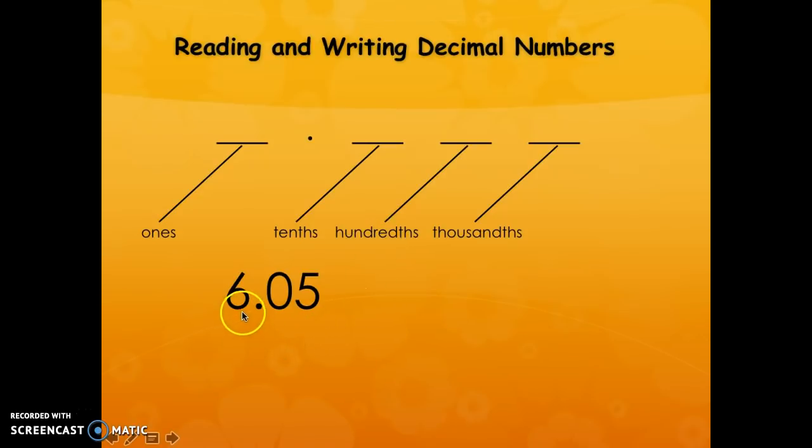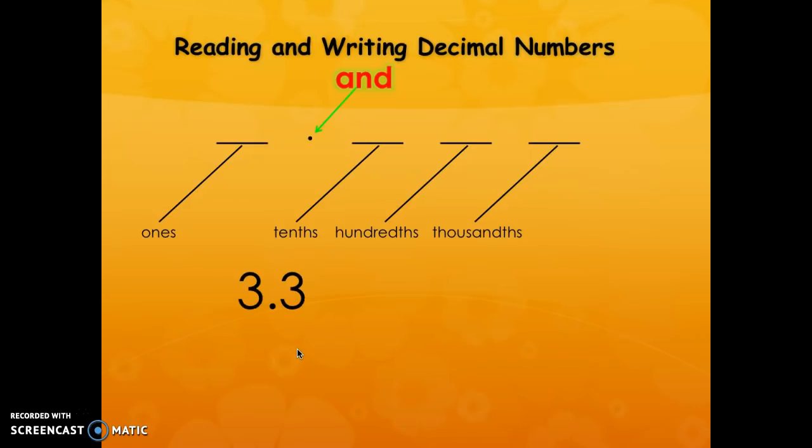So I would say this, 6 and 5 hundredths. Again, that decimal point is the place where you say and. You never use the word and in a number unless you're using it at the decimal point. It's very important. The decimal means and. Remember that. So 6 and 5 hundredths.